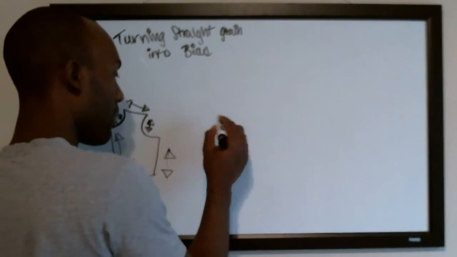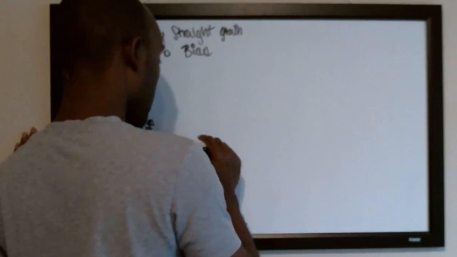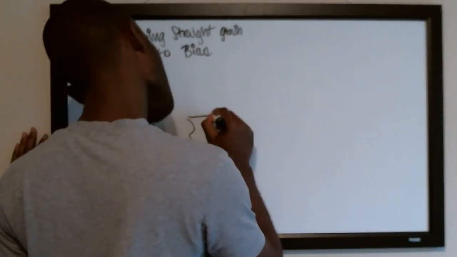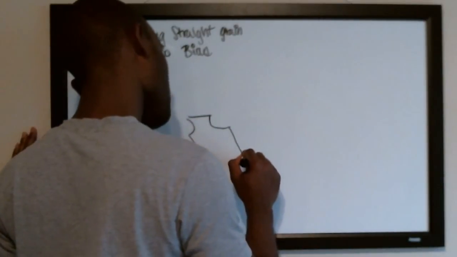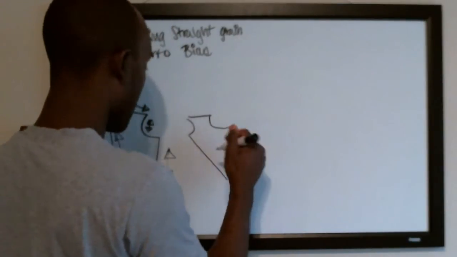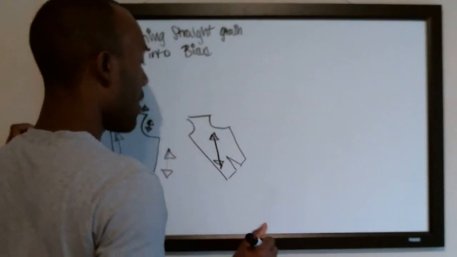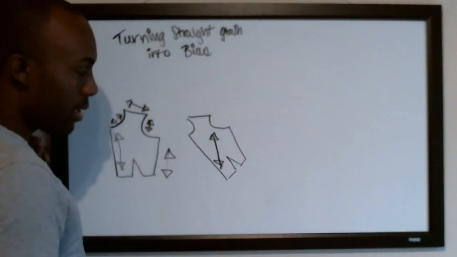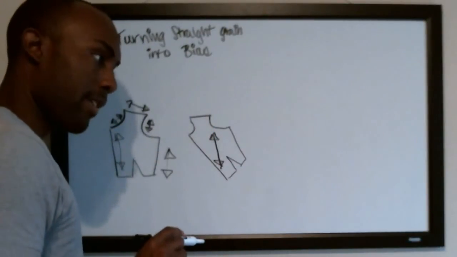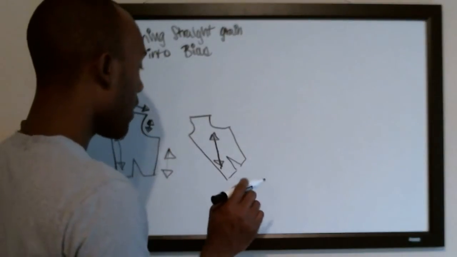So you can always take this and, let's say, I think about here would be bias. Now, just changing the grain line is not going to automatically make it a perfectly fitting bias garment. It will put it on the bias, but you will have some issues.